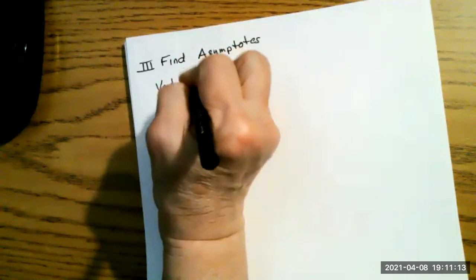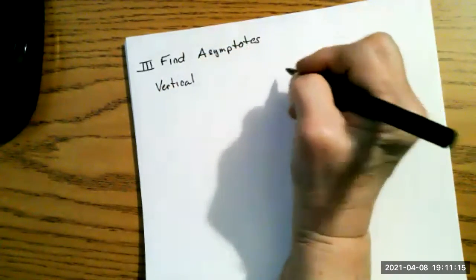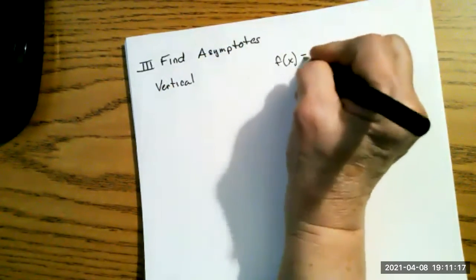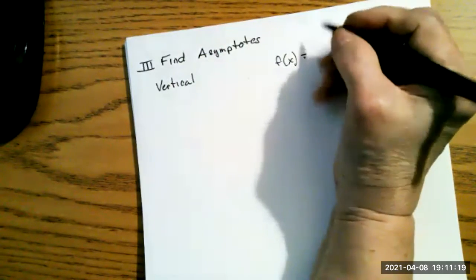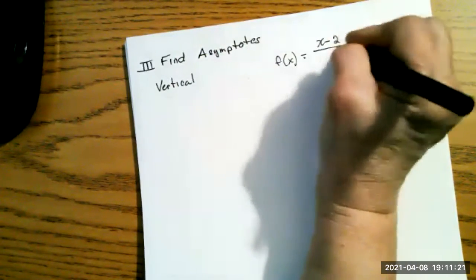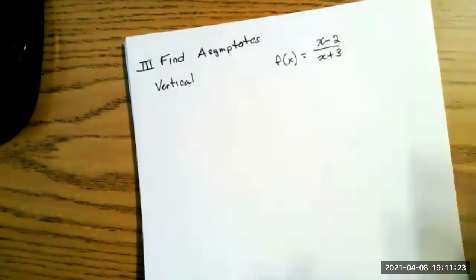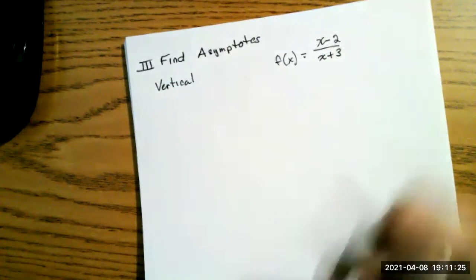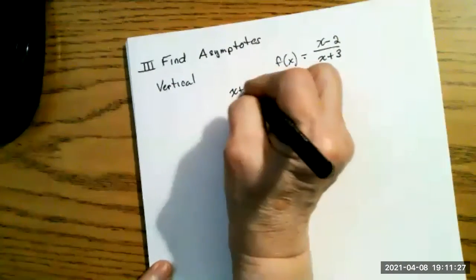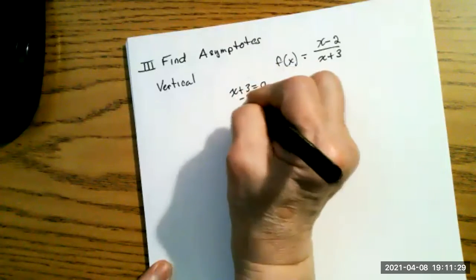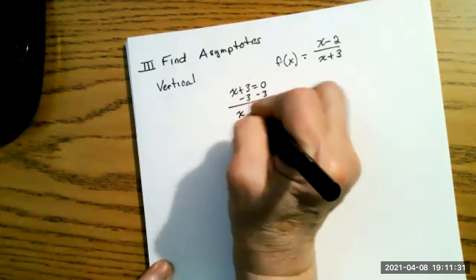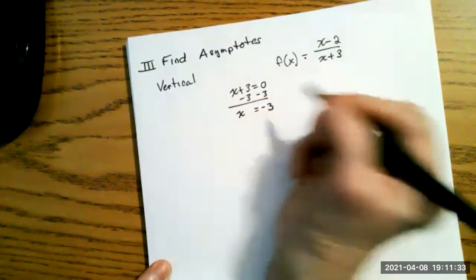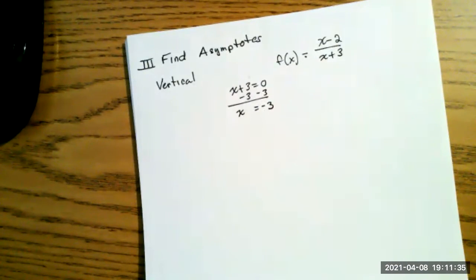Our problem was f of x equals x minus 2 over x plus 3. And we want the vertical one, so all we do is set x plus 3 equal to 0, subtract 3, and we've got it. x equals -3 is your vertical asymptote.